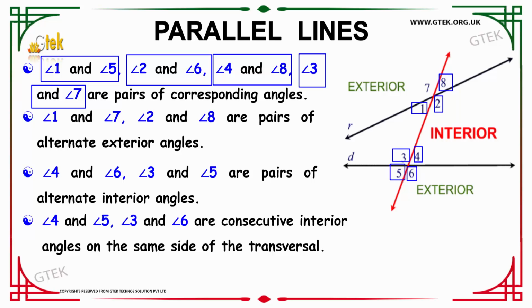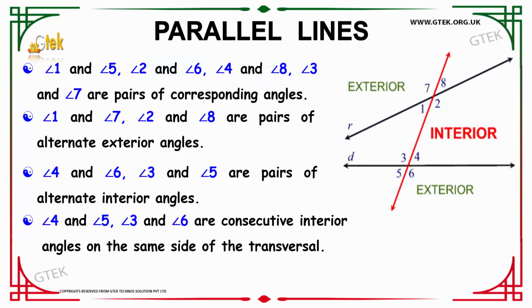These are the pairs of corresponding angles: 1 for 5, 2 for 6, 4 for 8 and 3 for 7.